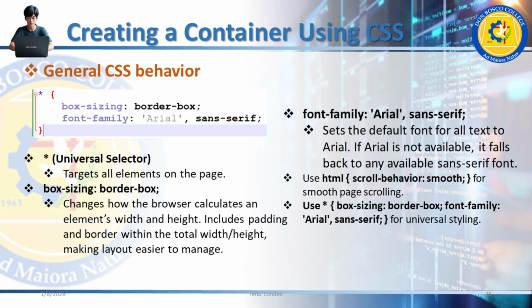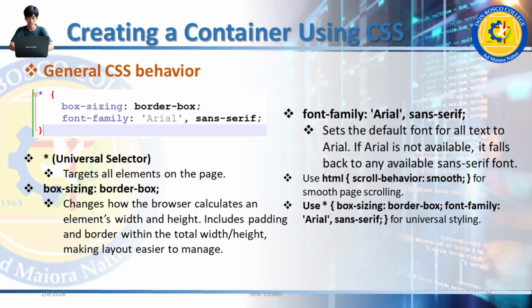Next, let us discuss the use of the universal selector, asterisk, in CSS. The universal selector targets all elements on the page. The declaration box-sizing: border-box changes how the browser calculates an element's width and height, including padding and border within the total width and height, which makes layout easier to manage.